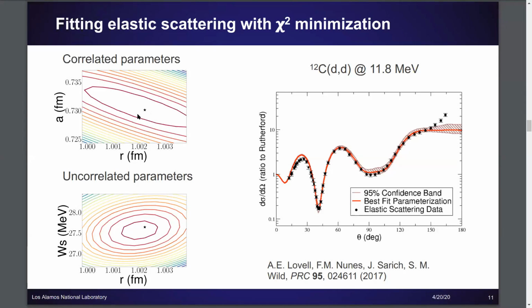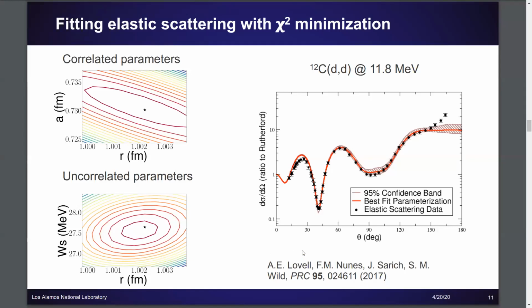The more tilt you have, the more correlated your parameters are. And in some cases, like between the depth of the imaginary surface term and, again, the radius of the real volume term, the parameters are more uncorrelated, where it's flatter in parameter space. You can have a larger change in R without much of a change in WS.